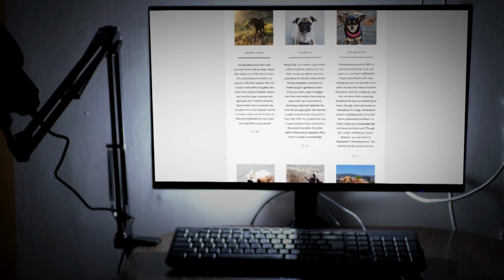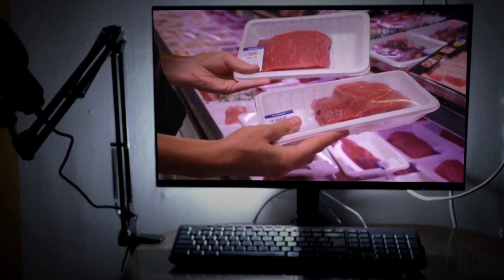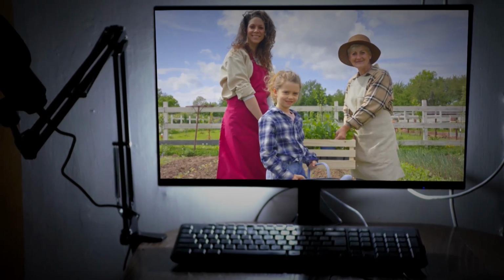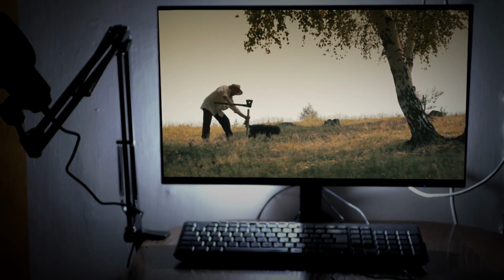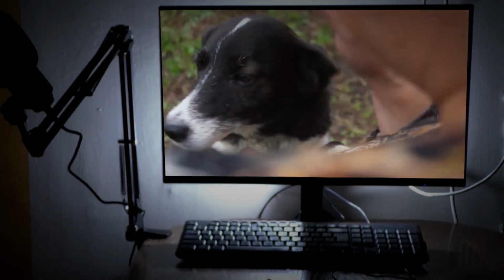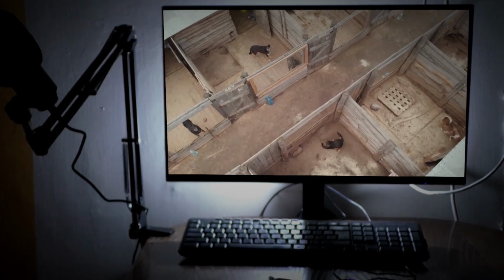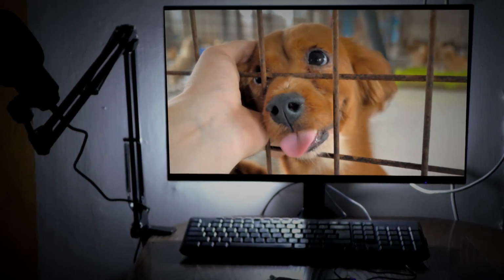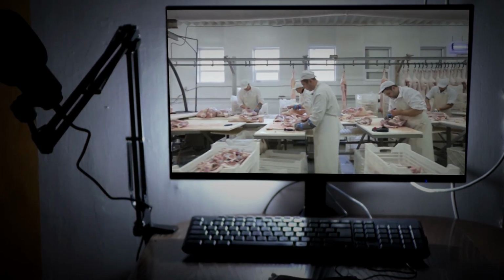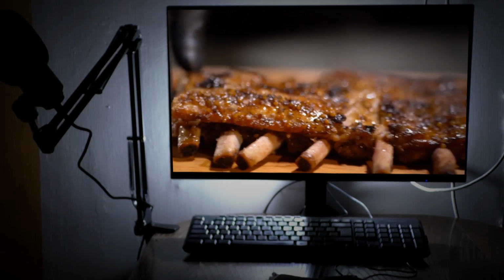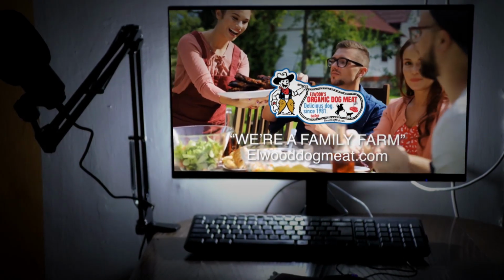Now with over 50 different dog meat and dairy products to choose from, you can find us at local grocery stores, farmers markets, or come visit us here at Elwood Farms to experience the amazing flavor of fresh, local dog meat. With our hands-on approach, we strive to produce high-quality dog products every day, from the way we care for our packs through to production and distribution. Great tasting dog is simple. We care. Elwood Dog Meat. We're a family farm.